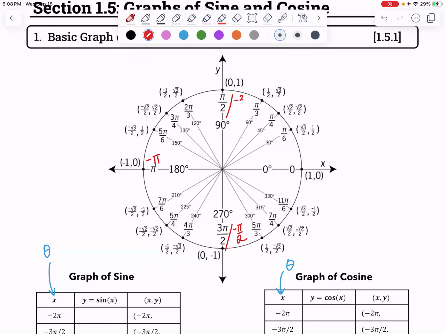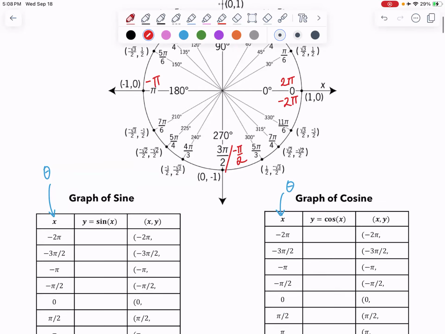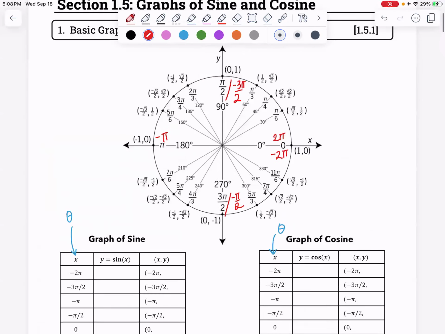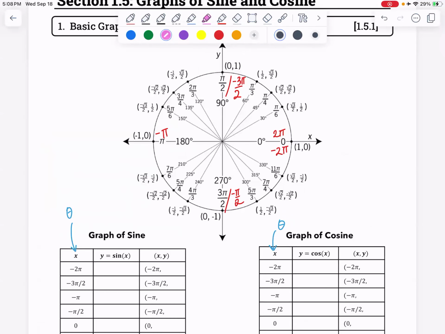Pi over 2 is also negative 3 pi over 2. And this angle is both 2 pi, 0, and negative 2 pi. Okay, so sine values, those are going to be our y values on the unit circle.